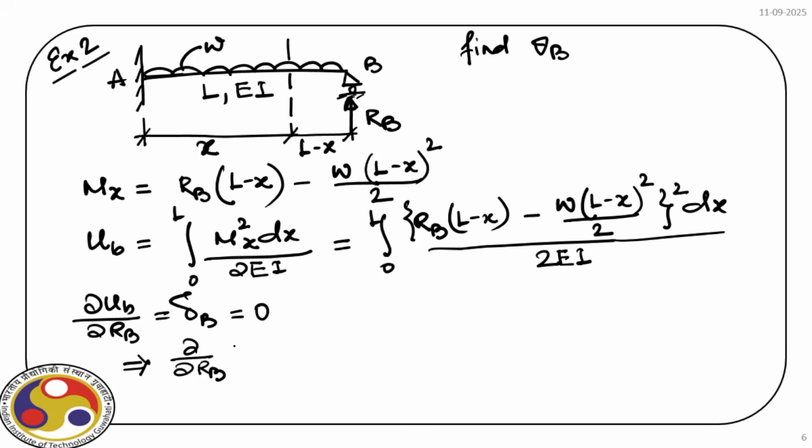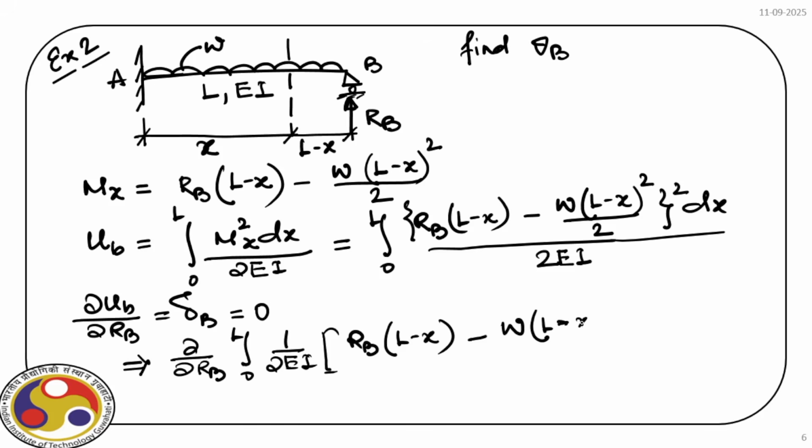So, in place of UB, we can write 0 to L, 1 by 2EI, then we have RB times L minus x minus omega times L minus x divided by 2 whole square dx. This is equal to 0.